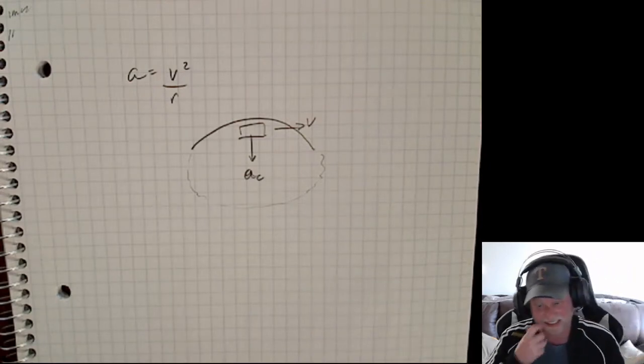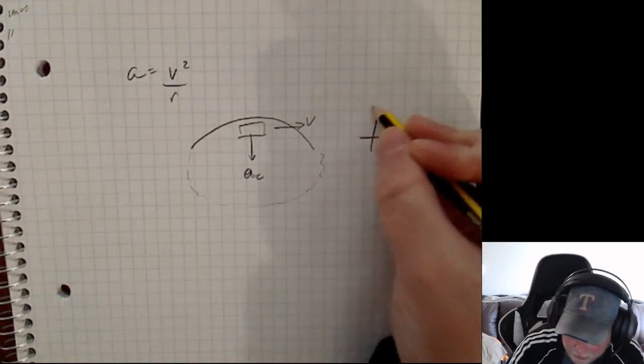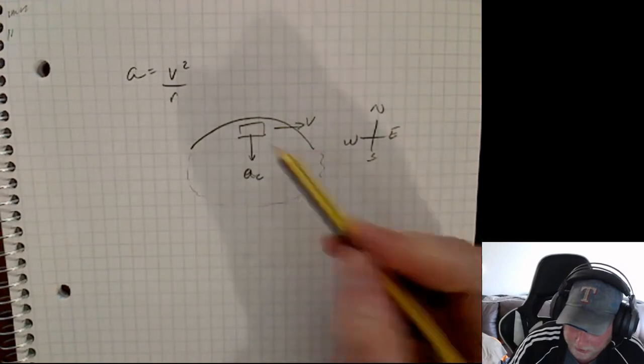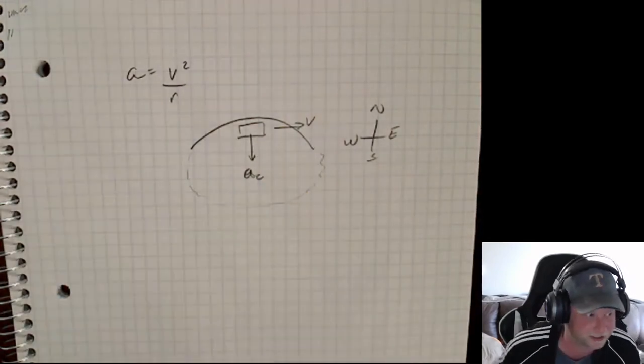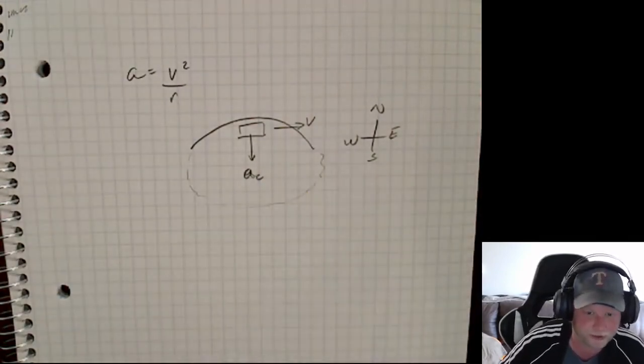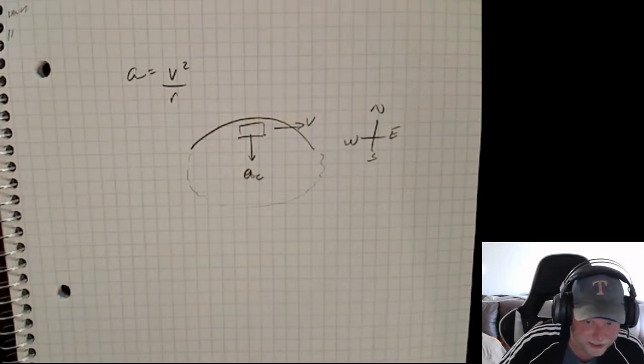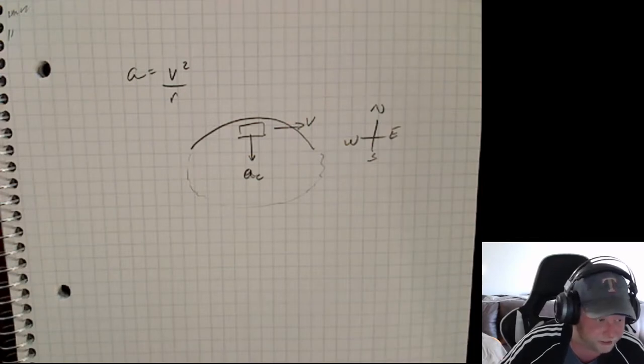So in this case, if we're looking at this being a compass rose, where this is north, east, south, west, if its velocity is eastward, then its centripetal acceleration is southward. But again, the key is recognizing that even if it's just moving in a segment of a circle, you're dealing with circular motion.